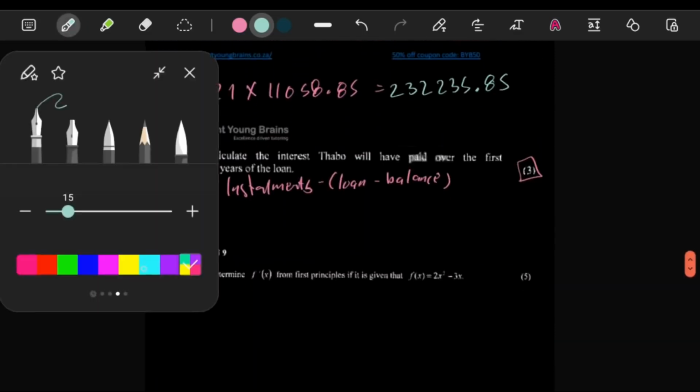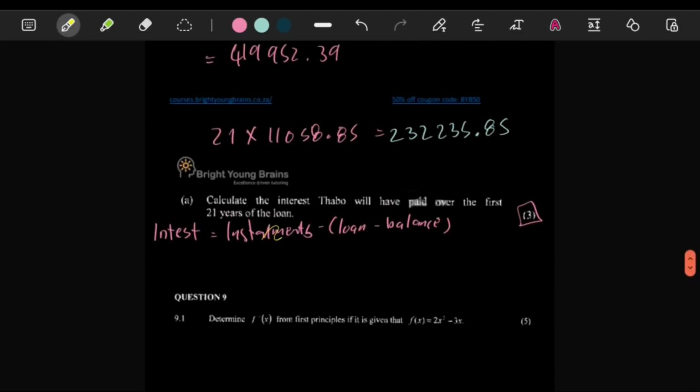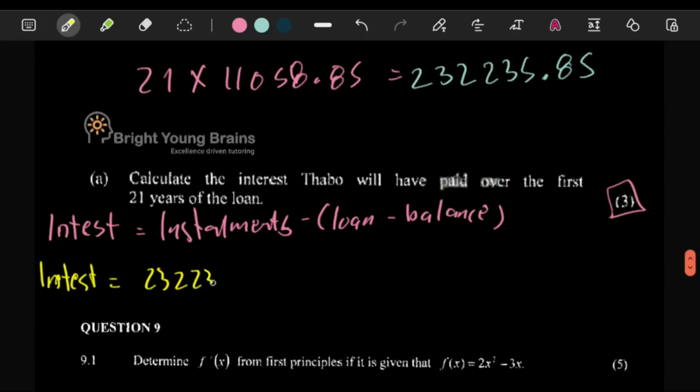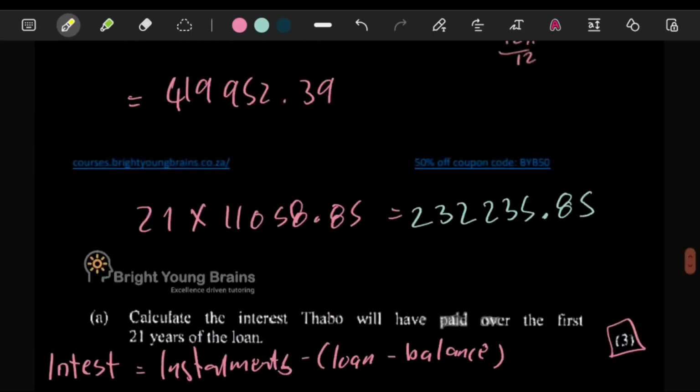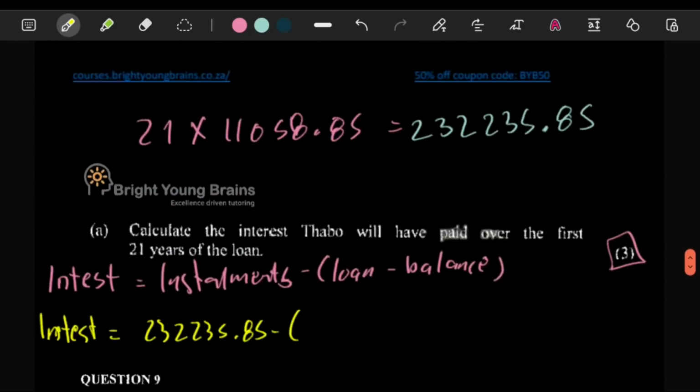And then what you got next? You have installments here, you have the loan, you have the balance. Let's get the interest. Installments is 232,235.85. The loan that he got was 1,050,000.